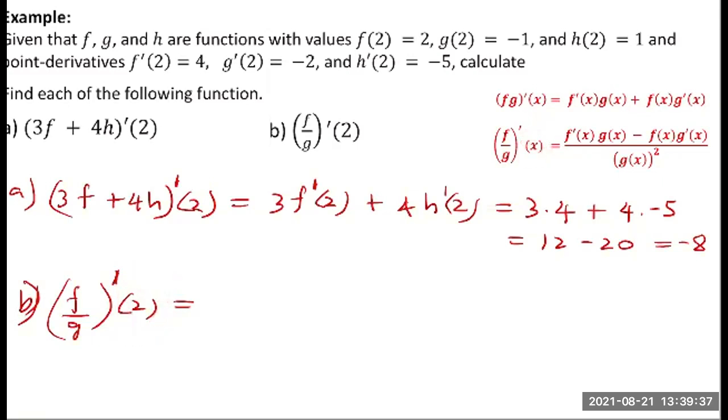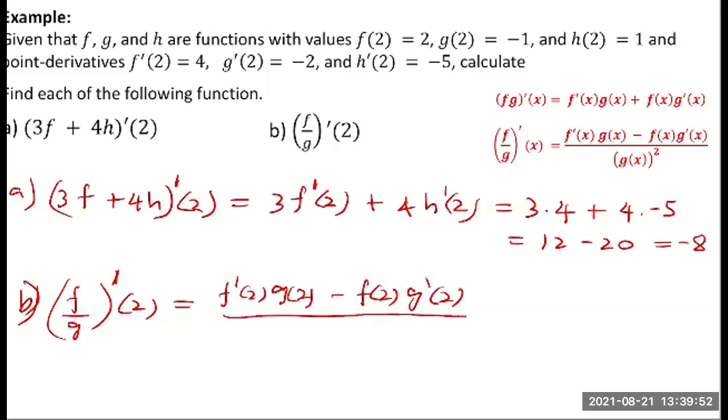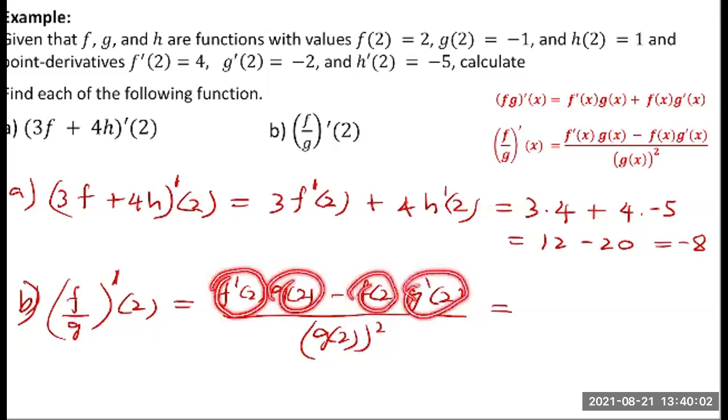Then this is equal to [f prime of 2 times g of 2 minus f of 2 times g prime of 2] divided by [g of 2] whole thing squared. All these quantities are given: f prime of 2, g of 2, f of 2, g prime of 2, all are given. So let's go ahead and plug them in.